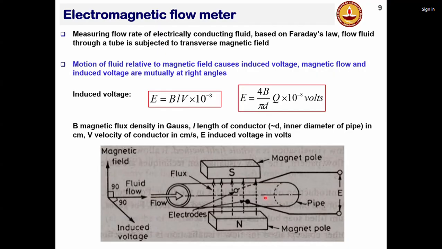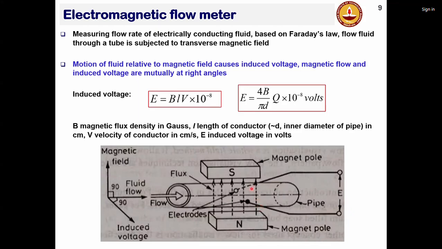Typically, in an electromagnetic flow meter, you have a set of magnets arranged diametrically opposite around the tube or the pipe. One magnet, the south pole, is at the top, and another magnet exhibiting the north pole is at the bottom, around this pipe.